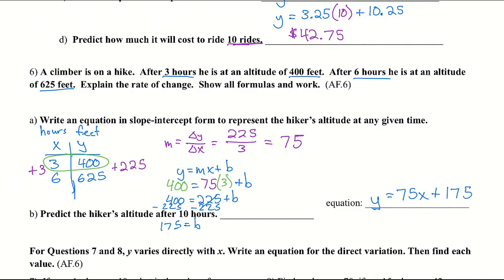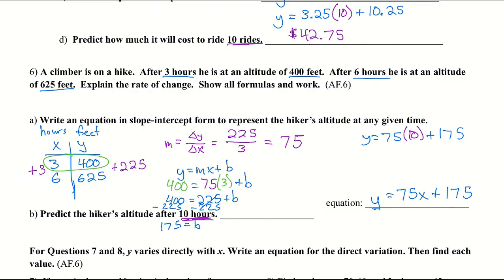So my equation is going to be y equals 75x plus 175. And then I'm going to use that equation for the 10 hours. So it'll look like y equals 75 times 10 plus 175. And again, just put that into a calculator.